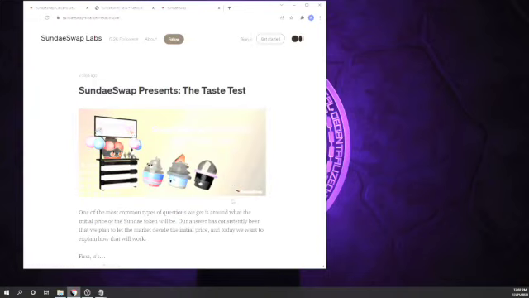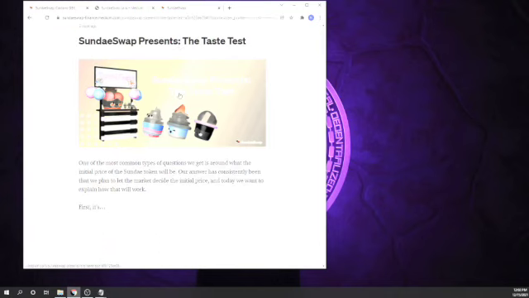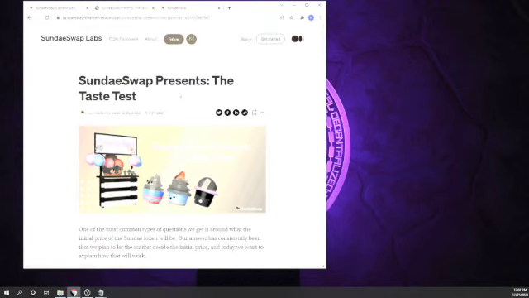What that means is half of your ADA will stay in ADA, and the other half will be converted to Sundae. This is great for getting you in at the launch price of the coin, but we don't know what that price will be. And if it's too high, people will pull out, withdraw their ADA from the taste test, and if it's too low, people will deposit their ADA into the taste test.